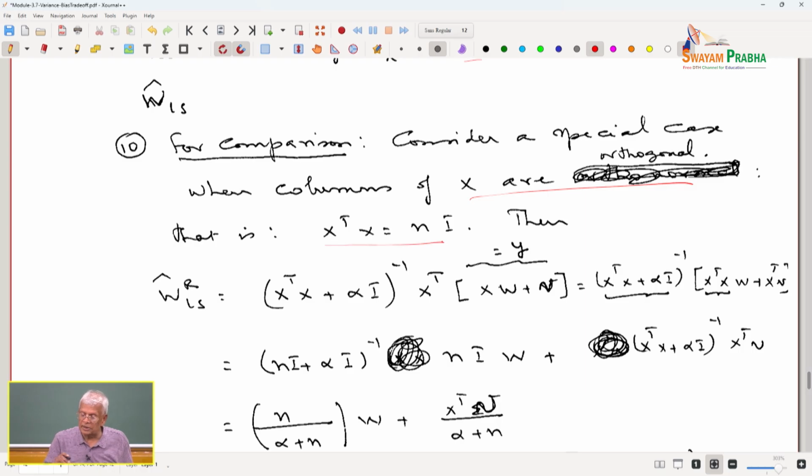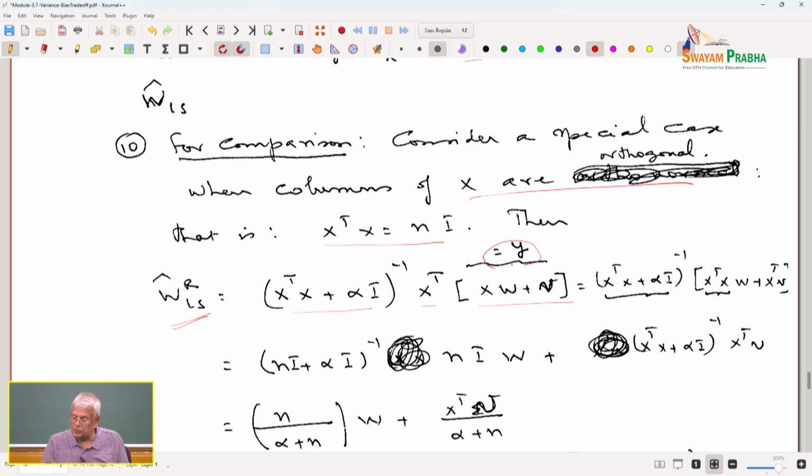Then X transpose X is n times I. That means, consider the special case when the columns of X are orthogonal, that is X transpose X is equal to n times I. So in this case, the ridge regression W hat is (X transpose X plus alpha I) inverse X transpose (XW plus v), and that is equal to y, the observation vector.